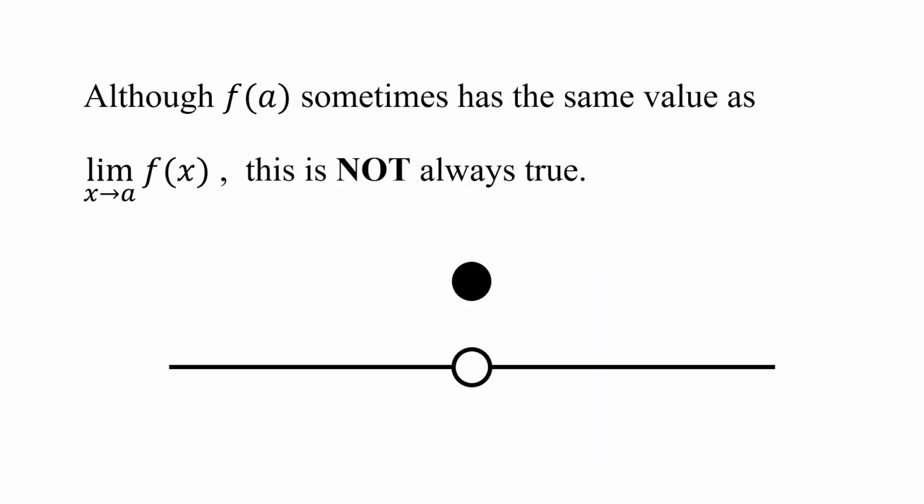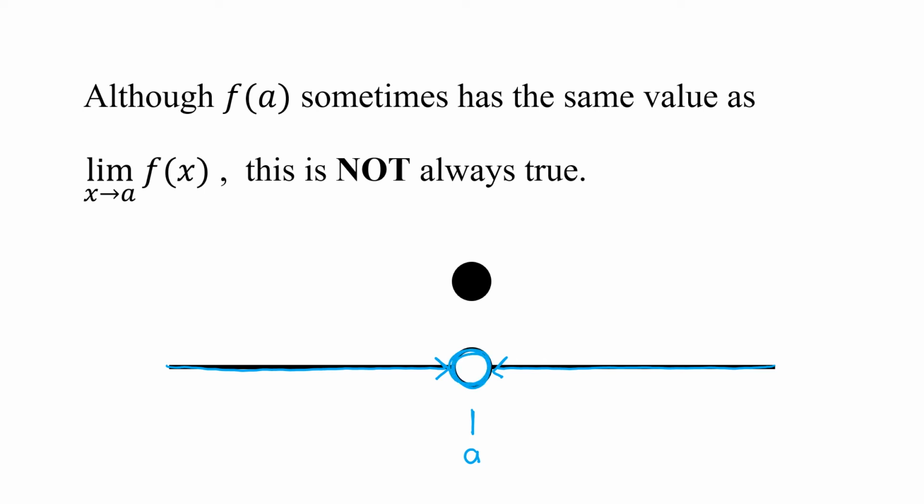Although f of a sometimes has the same value as the limit as x approaches a of f of x, like in the previous examples, this is not always true. So if we're looking at this function here, as we're approaching a, the limit is approaching whatever output is at this hole here.